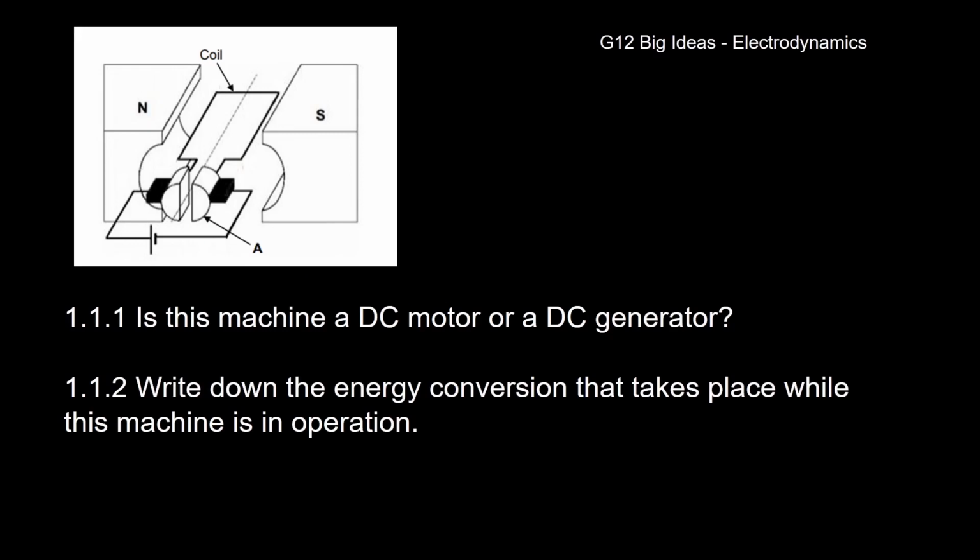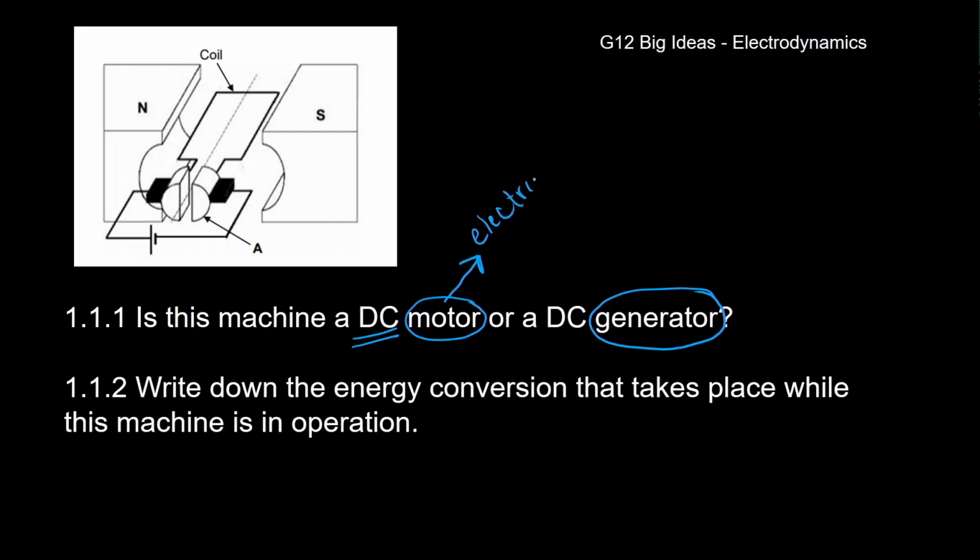1.1.1 says, is this machine a DC motor? Okay, so it's direct current, or a DC generator. Okay, so the motor is the one which has electricity moving through it.